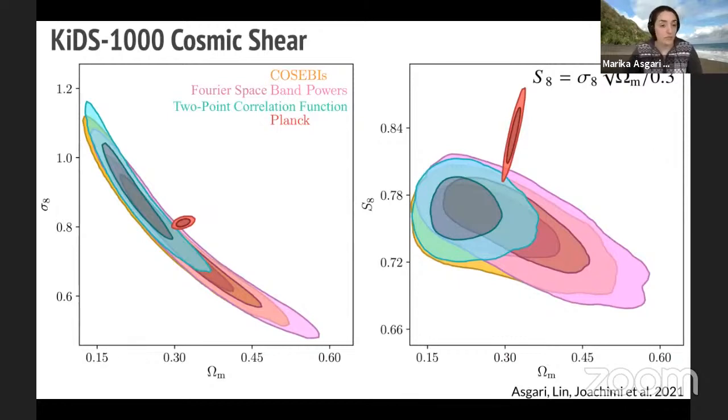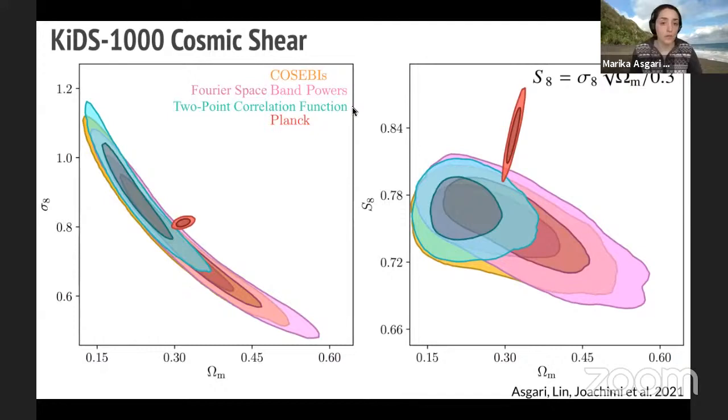So let me just tell you first what these plots are showing. On the left-hand side, you have constraints on sigma 8 and omega m. Omega m, as I told you, is the matter density parameter, but sigma 8 is showing how much matter clusters, or is the amplitude of the power spectrum. We have 3 contours for cosmic shear, and these are the 2-point statistics that I told you.